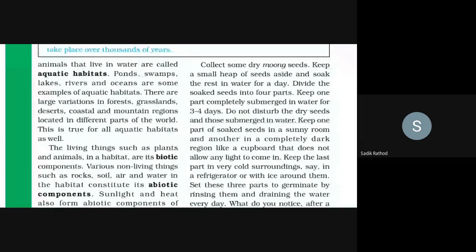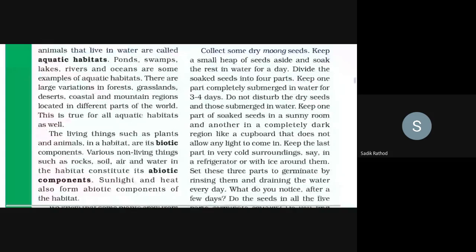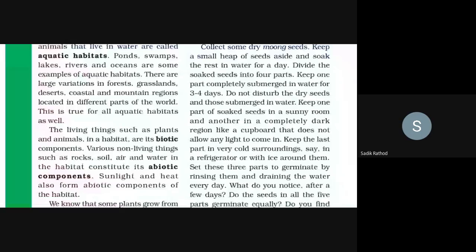Now, in aquatic habitat, there is not much variation; they're all the same. But on land there are many variations. Forest is a different habitat, grassland is a different habitat, desert has different habitats, and coastal and mountain regions also have different habitats. This is true for all aquatic habitats as well.